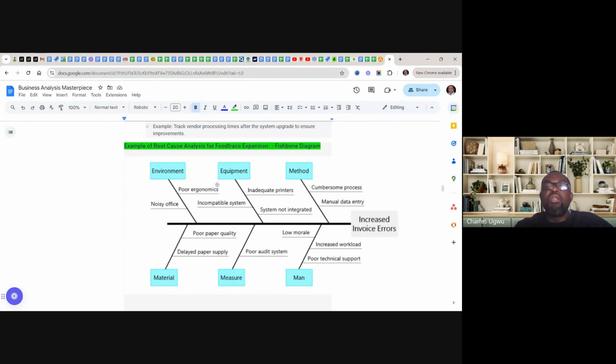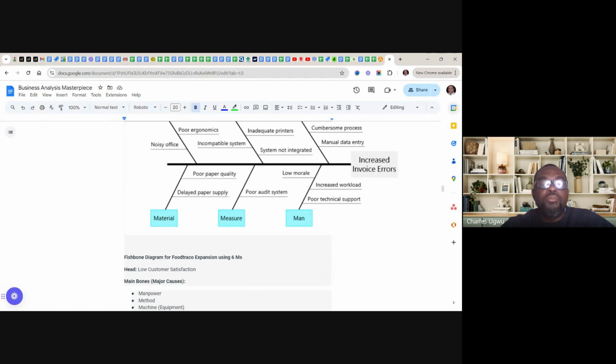All these causes, the effect is this problem. And in all these causes, we have other factors that are contributing to the major cause of the problem. So let's look at the way we can understand this better.